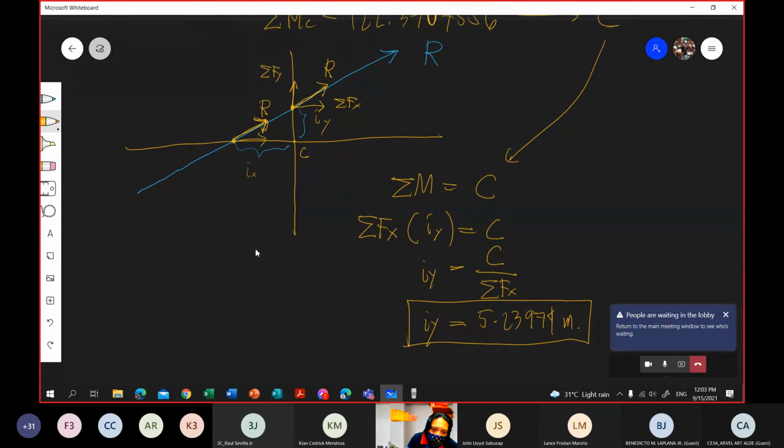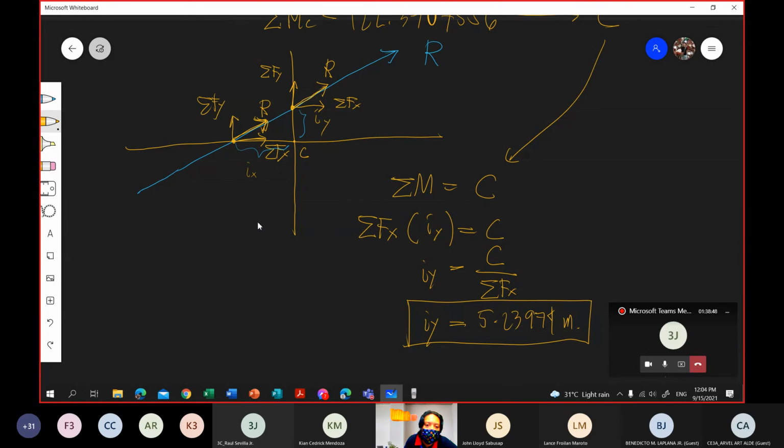Okay. So this is your summation of forces along X. This one right here is the summation Fx. Then here, this is the summation of Fy.